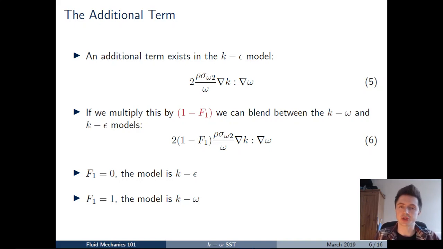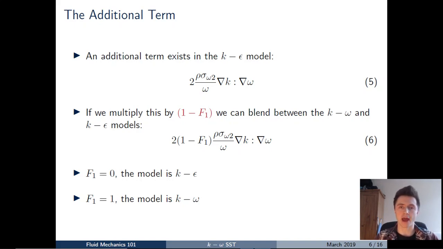With this additional term, if we were to multiply the additional term, equation 5, by some function 1 minus F1, this would allow us to blend smoothly between the K-epsilon and the K-omega models.